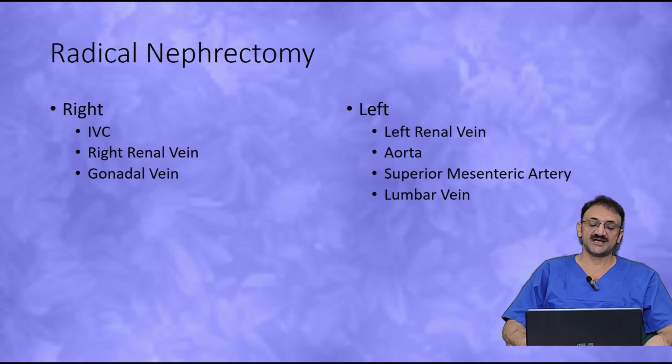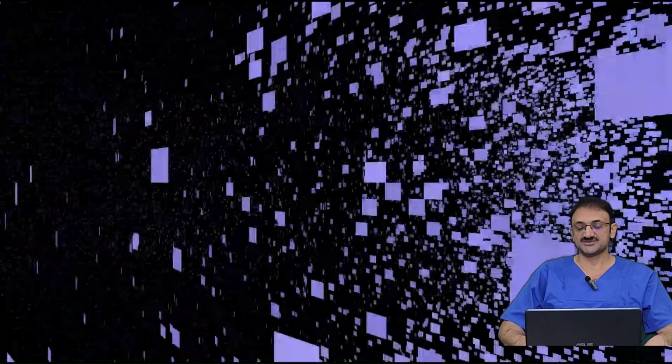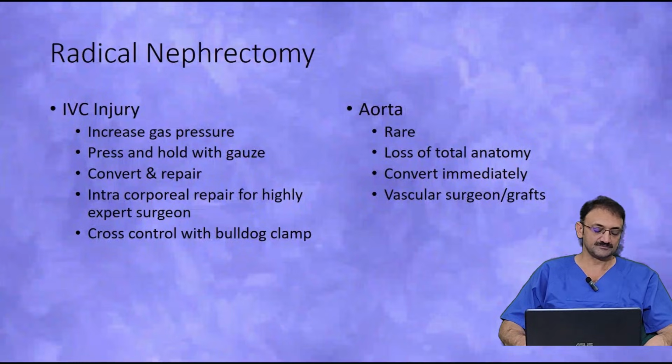The artery is at times superior. Most of the time it is in the posterior inferior location of the renal vein, and can be in totally posterior location. But the difficult part is that when the renal artery is superior to the renal vein, injuries to the renal vein may happen.